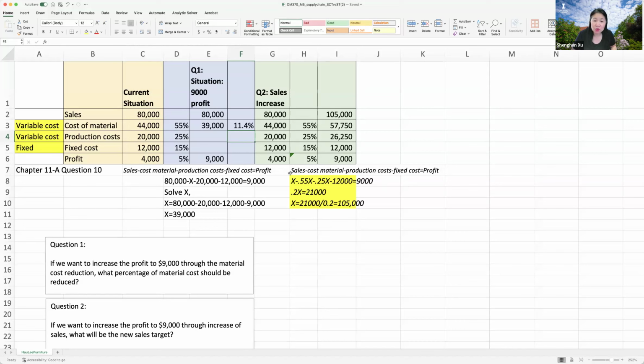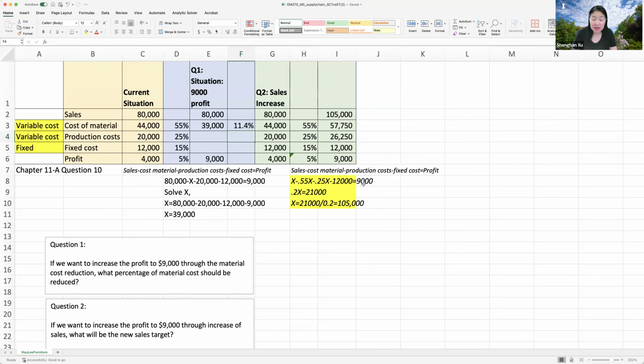So if we assume the new sales volume is X, and the cost of material accounts for 55% of the sales, so 0.55X, minus the production cost, which is typically 25% of the sales, so 0.25X, and minus the fixed cost. And remember, the fixed cost does not change when the production volume changes, right?